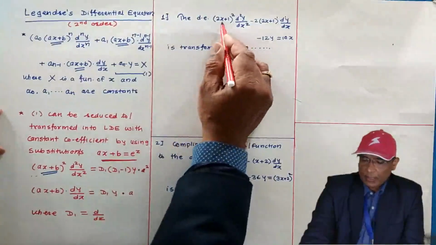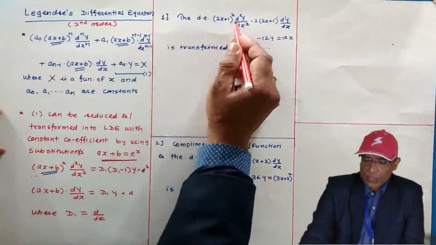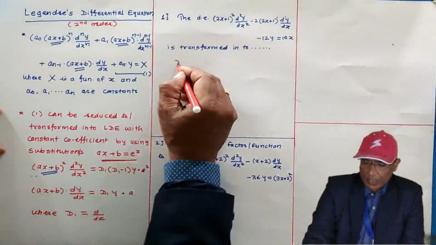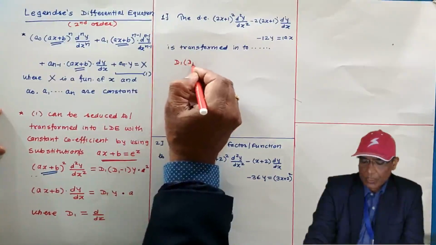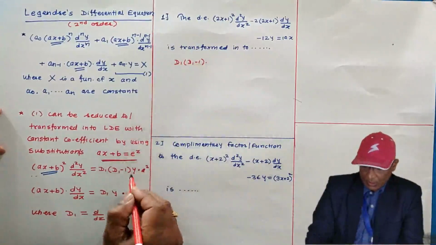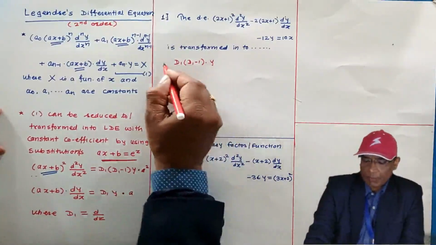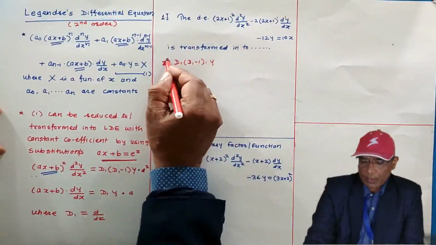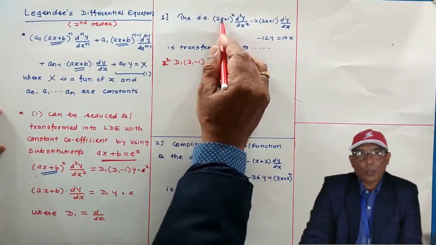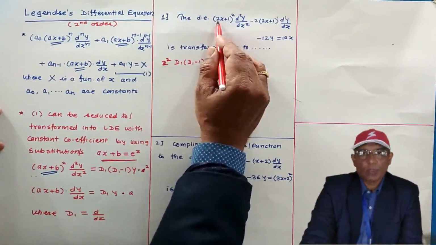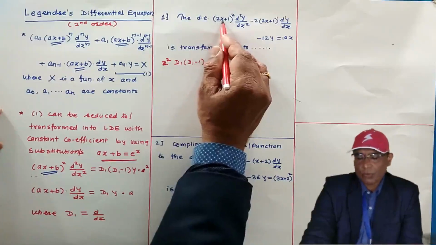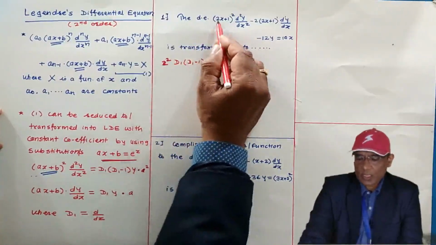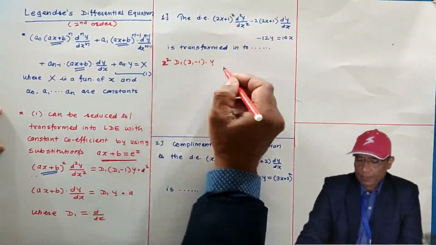Now, here, ax plus b whole square d2y by dx square is replaced by d1 minus 1 y multiplied by a square. a square means 2 square here. In examination, this coefficient of x may be 1, 2, 3, 4, 5, like that. If 4x plus 1 is there, it will be 4 square. If 6x plus 1 is there, 6 square, like that.